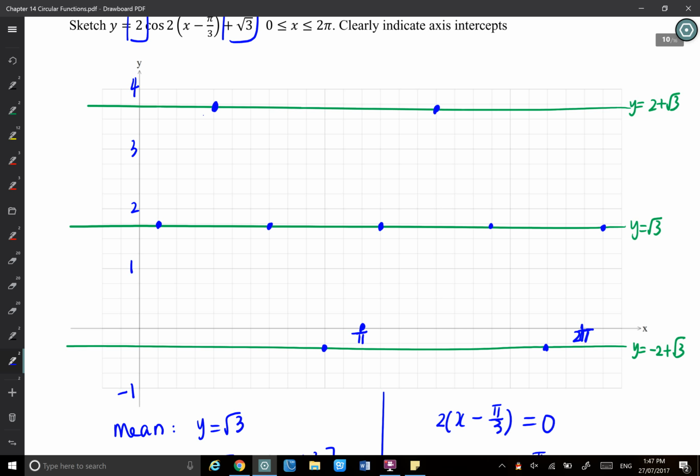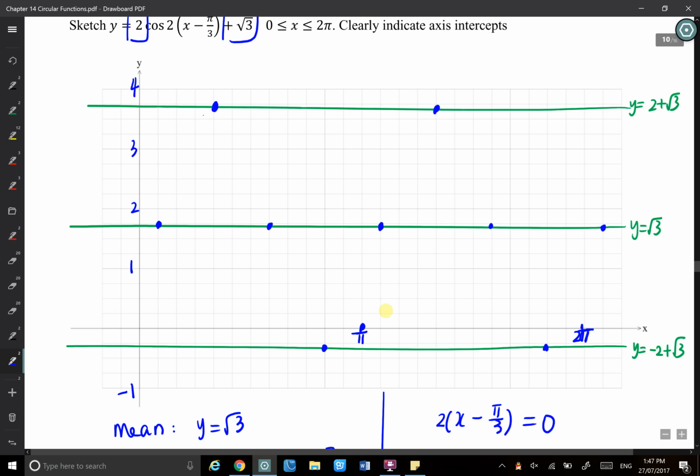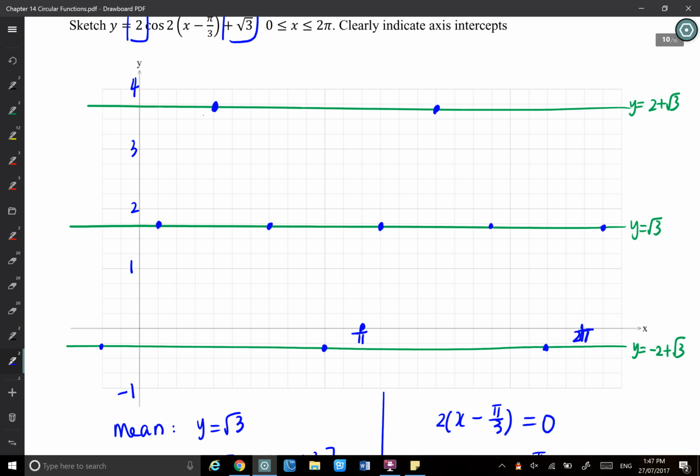So you need to keep going for another 3 to the left, to cover the 0 inside. So 1, 2, 3. You reach the minimum. How many points did you label? 1, 2, 3, 4, 5, 6, 7, 8, 9, 10. You have 10 points labelled on the graph.